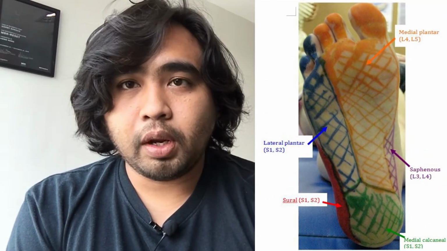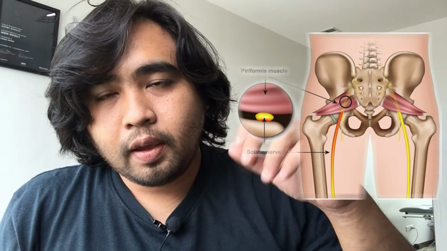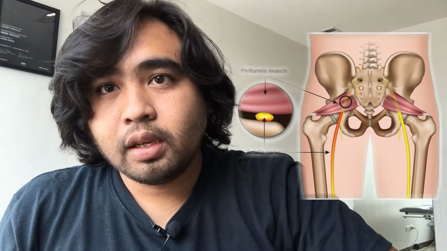Again, if it's coming from your hips, mainly your piriformis muscle is the one causing you trouble. The piriformis muscle is shortened and it's decreasing the space where the sciatic nerve exits. So the sciatic nerve is being compressed, causing symptoms along where that nerve supplies, up until the foot.